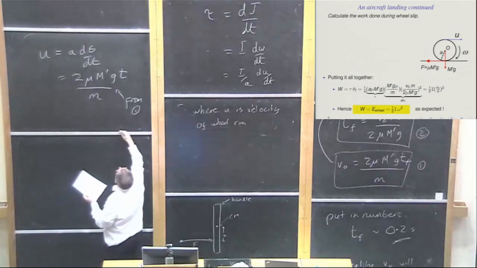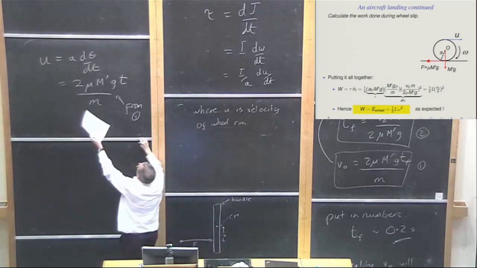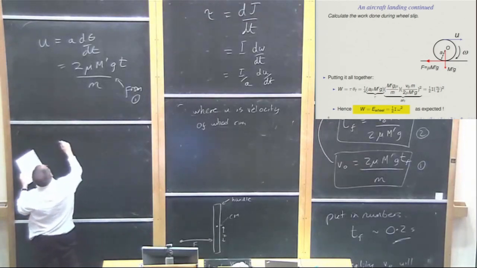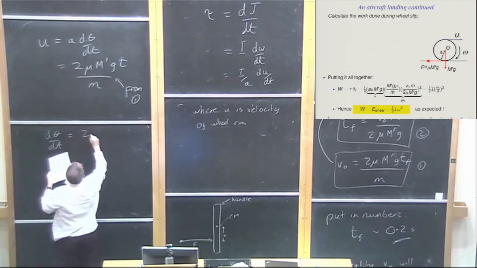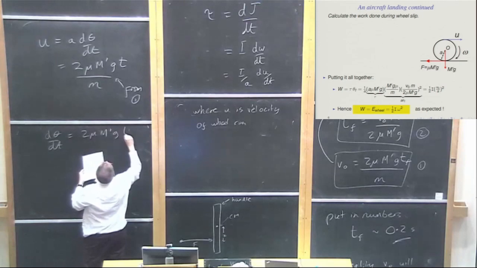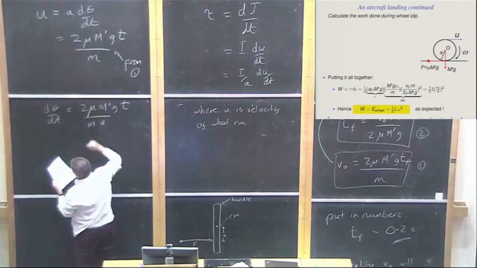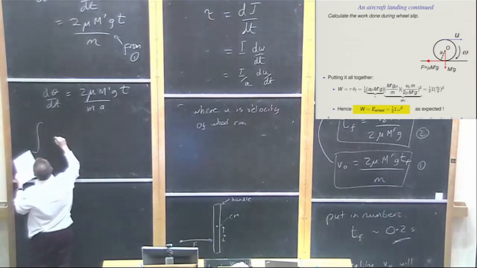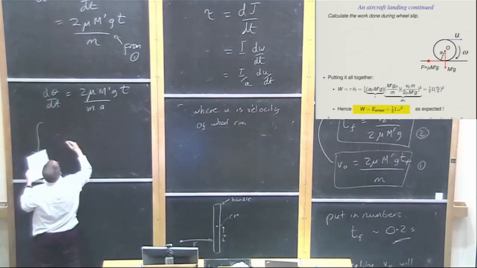Okay, so this is now nice because we're after an expression for theta. So now we have another differential equation to solve. We have d theta by dt is equal to 2 mu m prime g t over little m a. And so, again, separating the variables, in the way I've got it in my notes, I keep the a on this side.